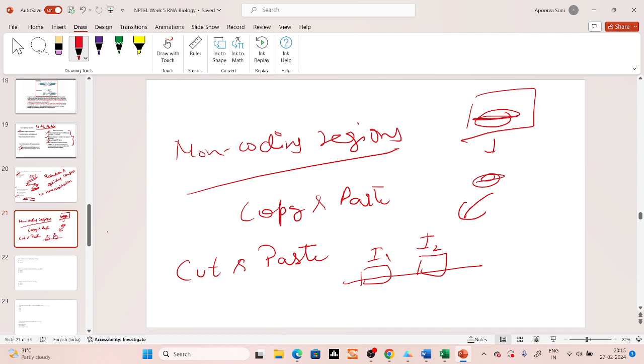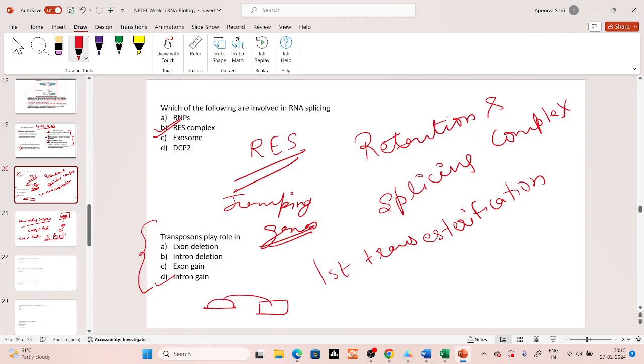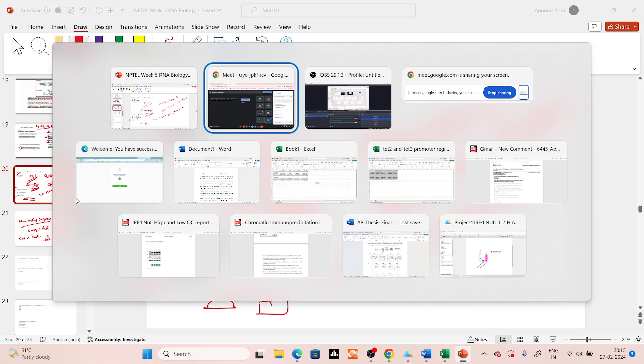Now because of this transposome, from somewhere else a particular intron I3 has also come. So now there is a gain of intron because of this transposome mechanism. So the correct answer would be D. Is it clear to everybody why it would be D?